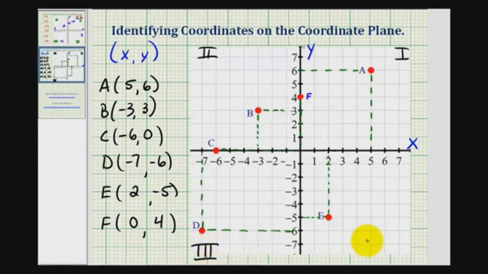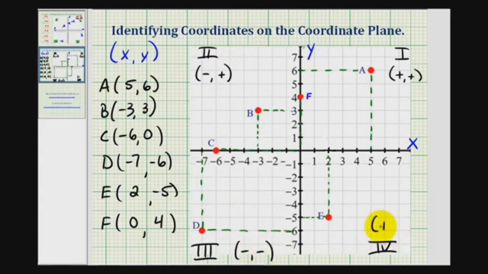Now we have our first quadrant, second quadrant, third quadrant, and fourth quadrant. On the first quadrant, both coordinates are positive. On the second quadrant, the x coordinate is negative and the y coordinate positive. On the third quadrant, both coordinates are negative. On the fourth quadrant, the x coordinate is positive and the y coordinate is negative.